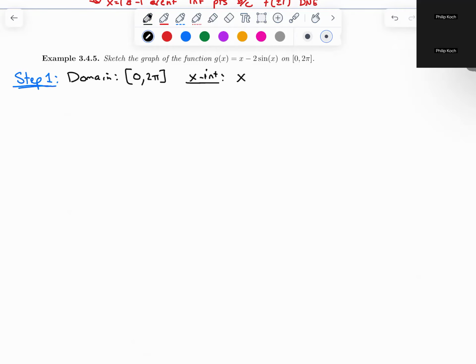If you're going to find an x-intercept, you're setting y equal to 0, or setting the function equal to 0. It's x minus 2 sine x equals 0. That's a hard question to solve. If you remember from trig, when you got to trig equations, you never had a situation like this, did you?